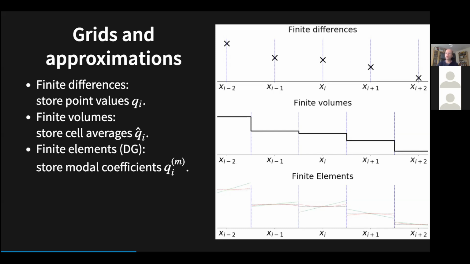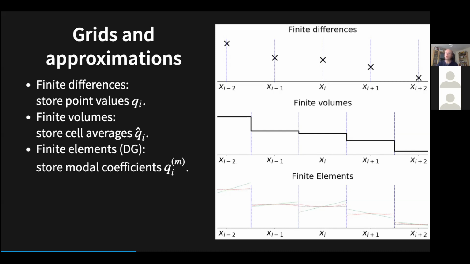When we want to link the solution at different points, then we have a problem because the solution Q of X is not known anywhere except at the individual points themselves. So what we have to do is to assume or impose what the form of the solution is between each of these points.